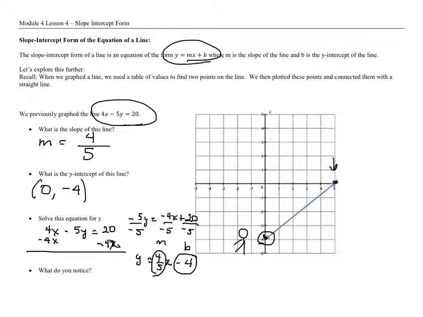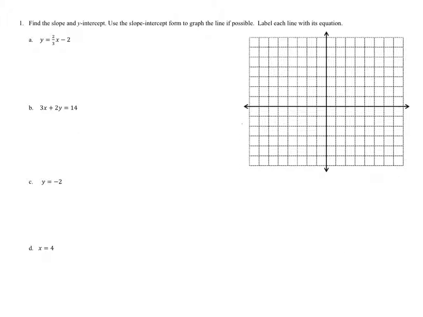I could write that as plus a -4, but it's just not done. So if we solve for y in terms of x, we can read the slope and read the y-intercept right off the equation, so it'll be wicked easy to graph after that. Let's do some more examples.